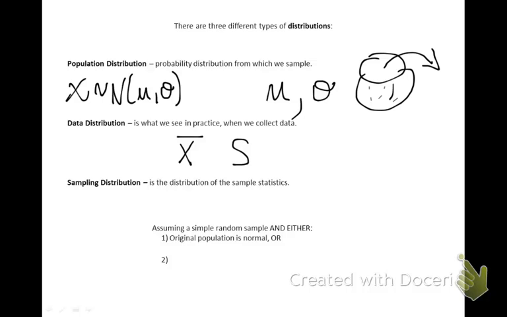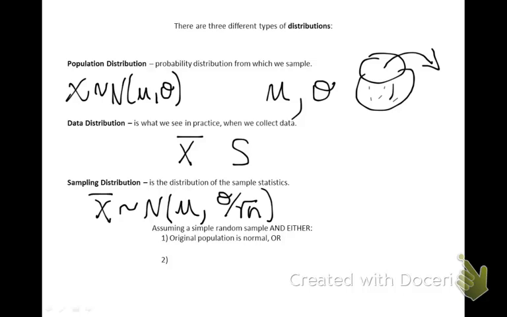And here we'll talk about the sampling distribution of the sample mean. Remember, a statistic, one type, would be a mean. So we're thinking the sampling distribution is the distribution of the sample mean, X bar. Central limit theorem says that X bar has a normal distribution with mean mu and standard error sigma over the square root of n.